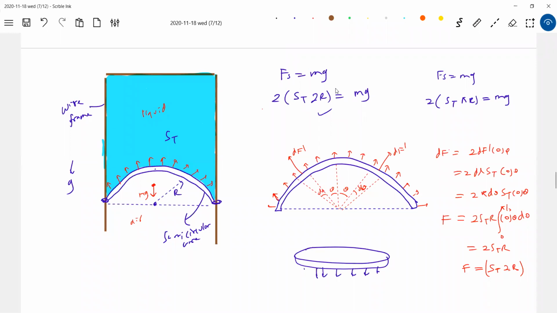If the forces acting on all points on a structure are in the same direction, then the force is surface tension into that perimeter.